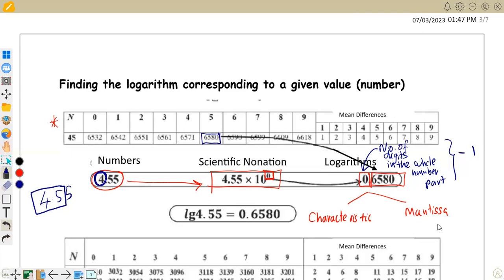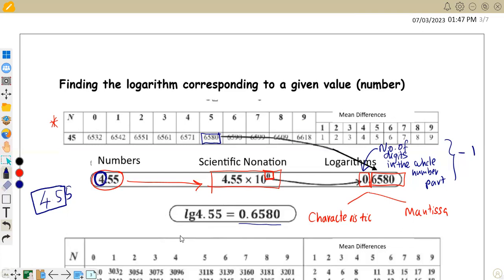With the characteristic and the mantissa, we can write the logarithm of 4.55 to the base 10. It is equal to 0.6580. Actually, what is meant by this? It is the logarithm value to the base 10.